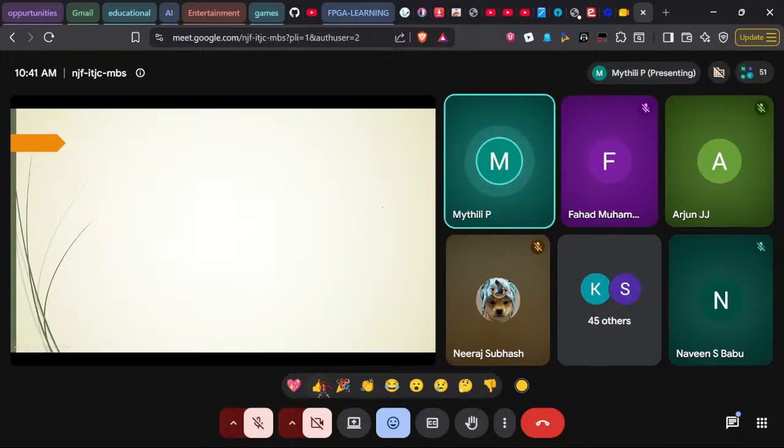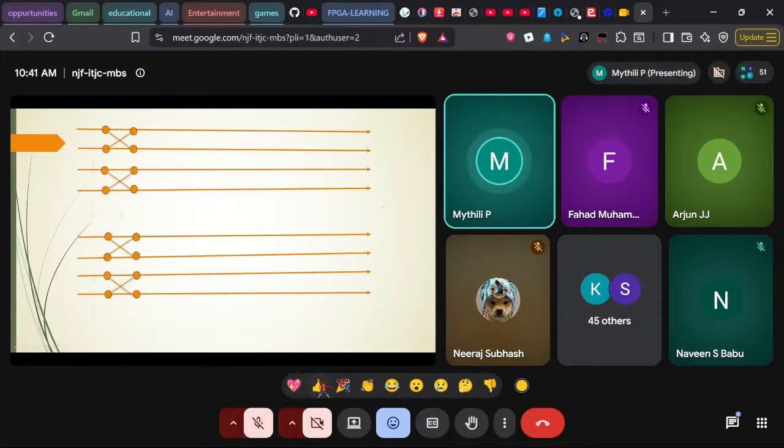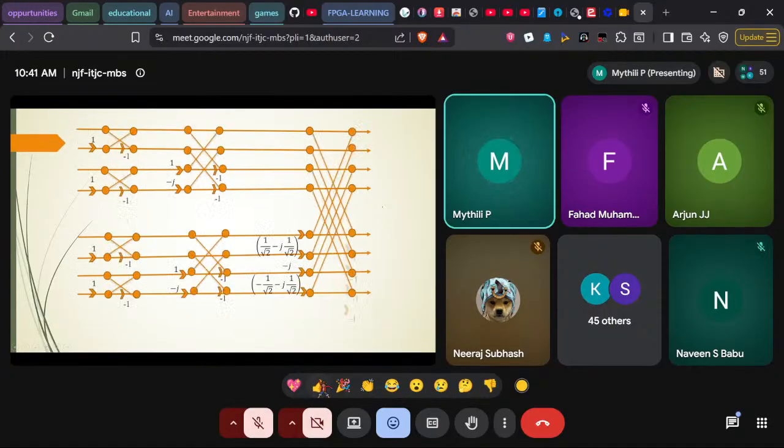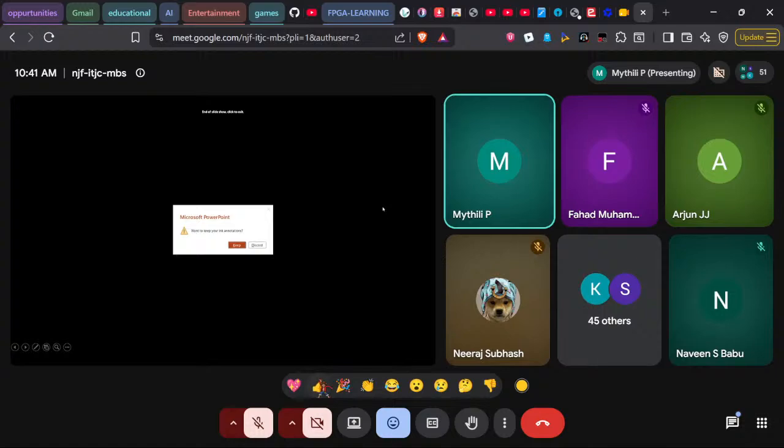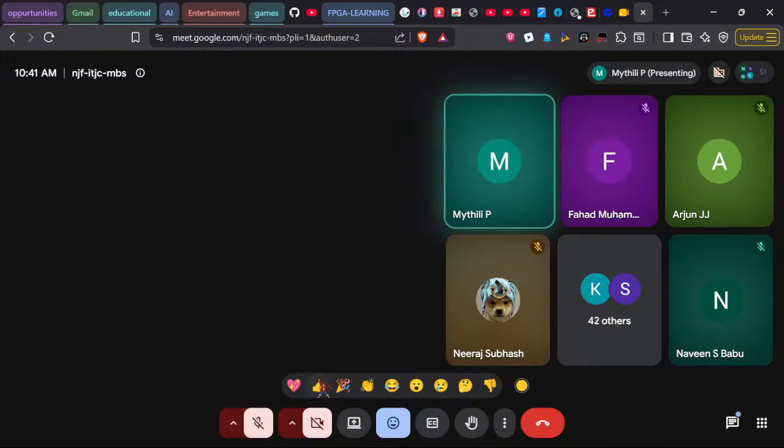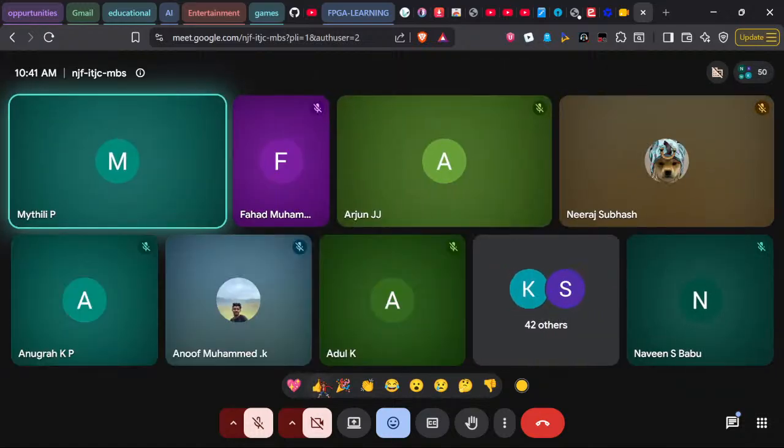In the case of decimation in frequency algorithm, what do we do? We will put the sequence in order.